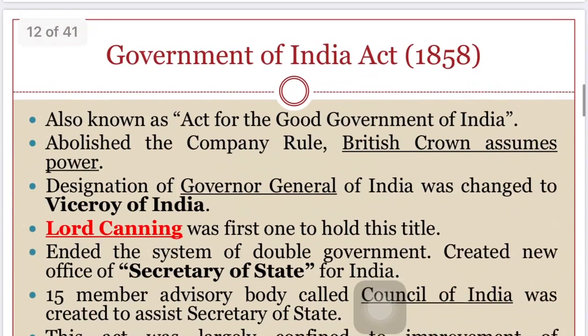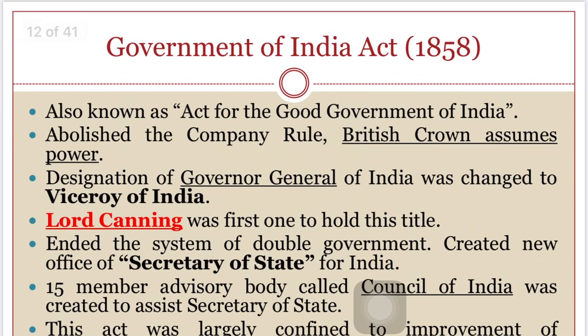So the next is the Government of India Act 1858. Now this Act applied to the company rule, meaning the British Crown assumed power. The designation of Governor General of India was changed to Viceroy of India.